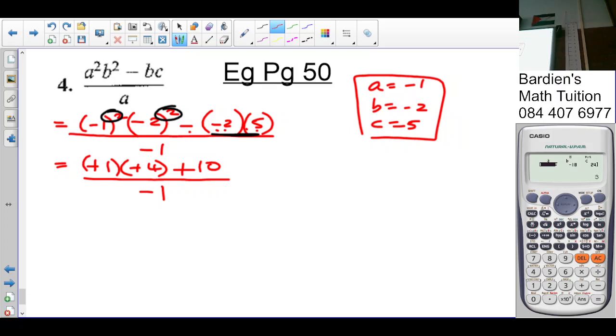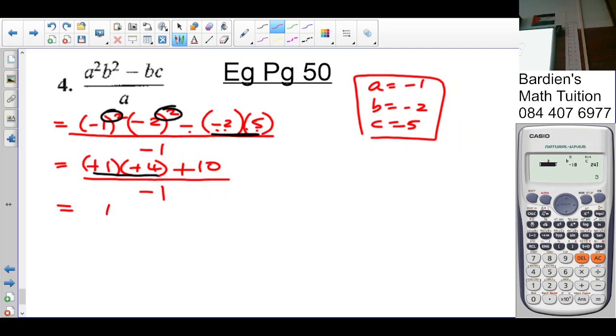Now what do we do now? Like terms. Get rid of the bracket. So what's positive 1 times positive 4?